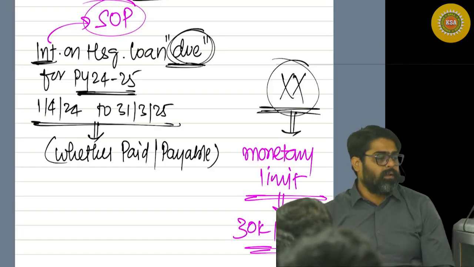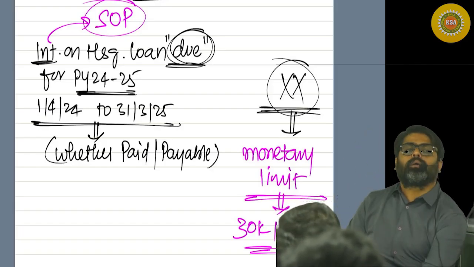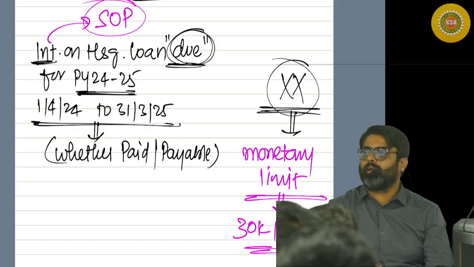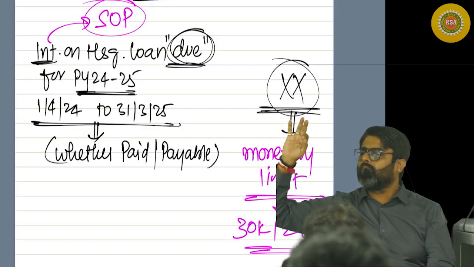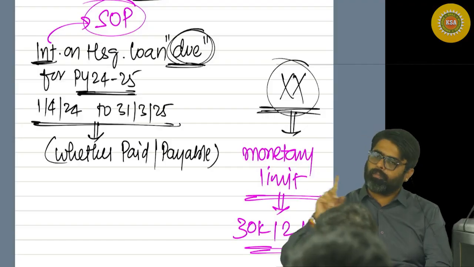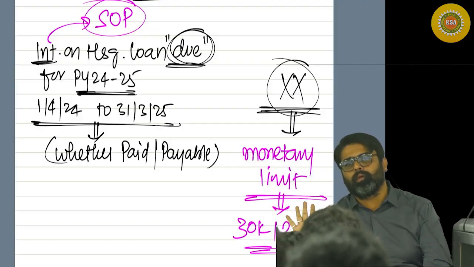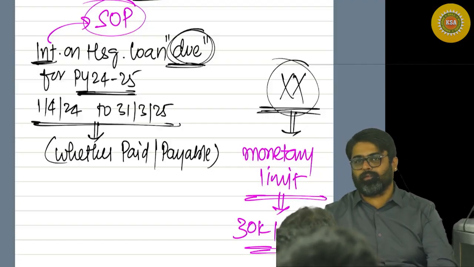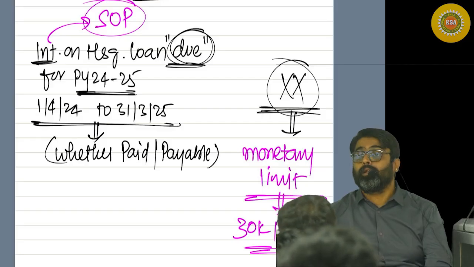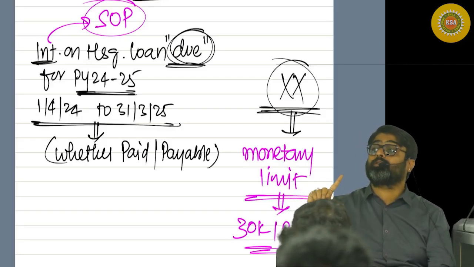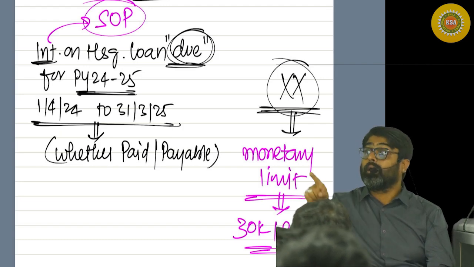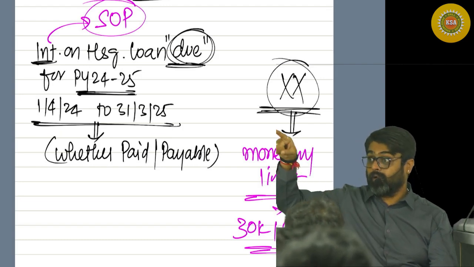So now when will the 30,000 limit be applicable? In all the cases you will apply the 30,000 limit. But one special case is there, in which the limit of interest will not be 30,000, the limit of interest will be 2 lakhs.